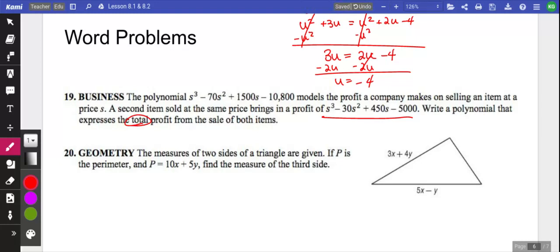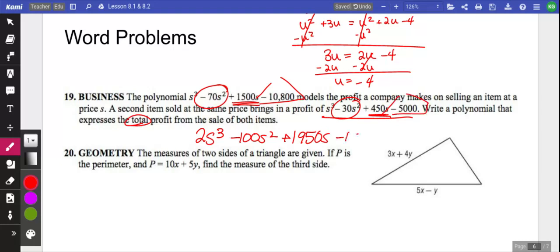Combining like terms, that would give me 2s cubed. And I have negative 70 and negative 30, which is negative 100s squared. Then I have 1500s and 450s, which would give me 1950s. And negative 10,800 and negative 5,000 is negative 15,800.